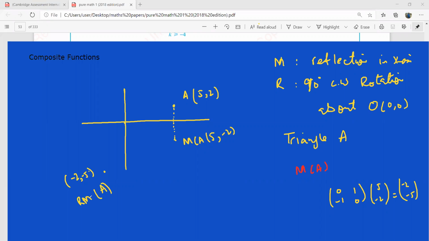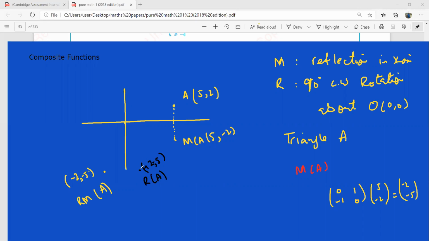Okay, this is your RM of A. Now, if I rotate first, if I find R of A first instead of M of A, that would be simply R of A. That is going to be the point (2, -5). Okay, this is (2, -5).